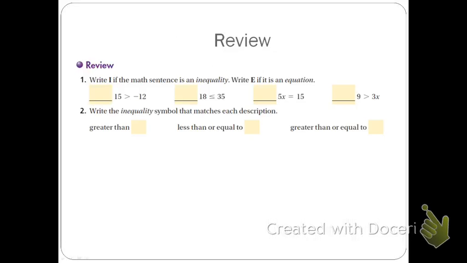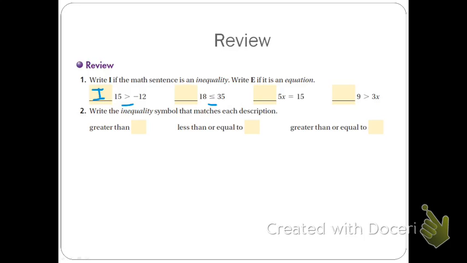Before we begin with this lesson, let's review a little bit of what you've learned so far. Let's make sure you understand the difference between an inequality and an equation. In each one of these problems, identify if it's an inequality or an equation with an I for inequality or E for equation. In the first example, we have the greater than sign. That would be an inequality.